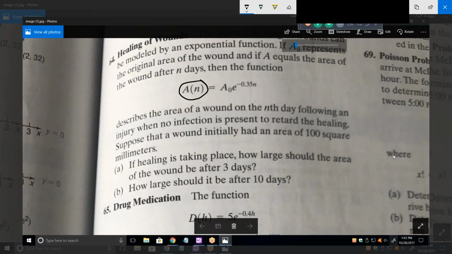So we know as n goes up, the area of the wound's got to go down. A sub 0 is the initial area of the wound. Whenever they put that very first number there, that's the initial amount you're depositing in your bank account, or it's the price of your new car, but it's the initial something. Well, that's 100.